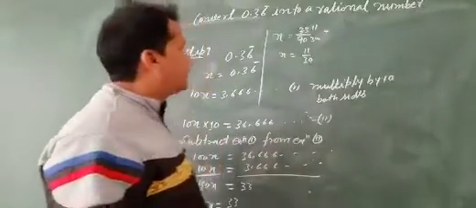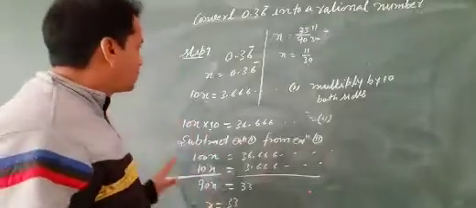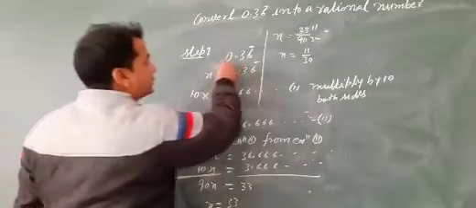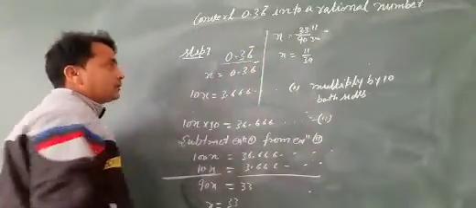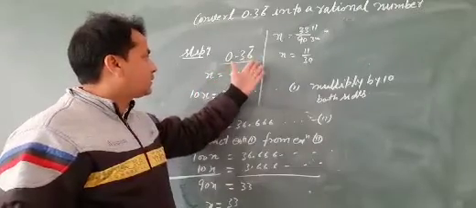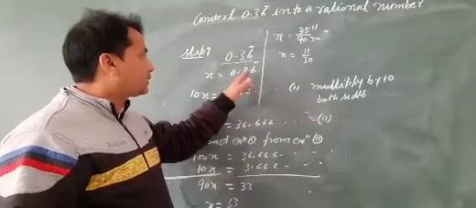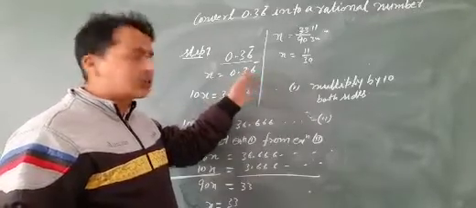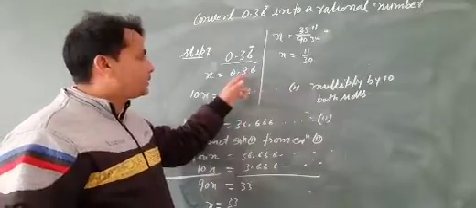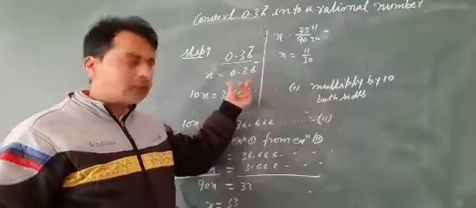So if a repeating decimal is given to convert into a rational number, the first step is to suppose x equals 0.36 bar. Here only 6 is repeating and 3 is non-repeating, in the tenths position.